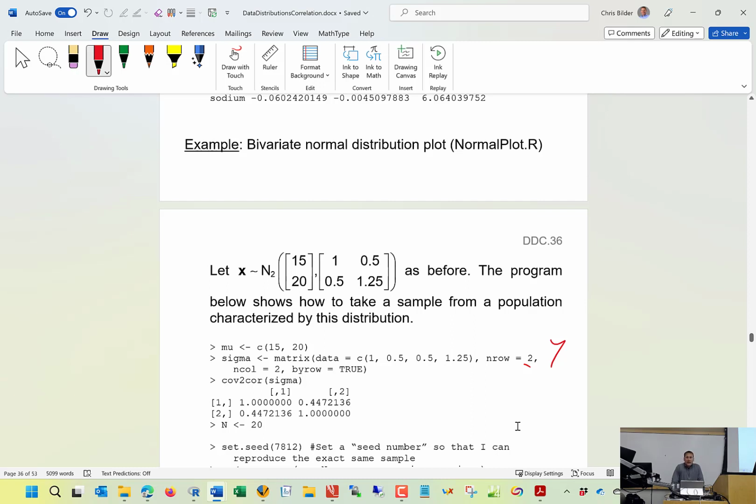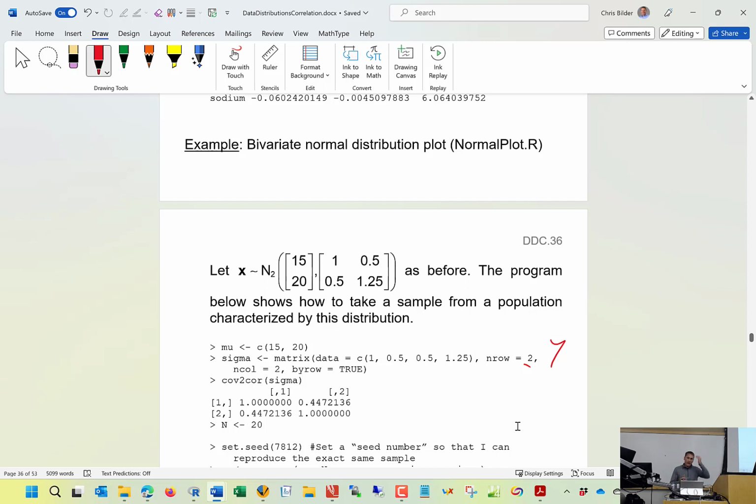I would typically expect items on average to have a mean of 15 for x1, a mean of 20 for x2, and that covariance matrix gives me information about how much variability I would expect amongst these x1 and x2 values that I actually observe, and how much dependence there is between them as well. And so let's take a look at a sample from a population that's characterized by this probability distribution.